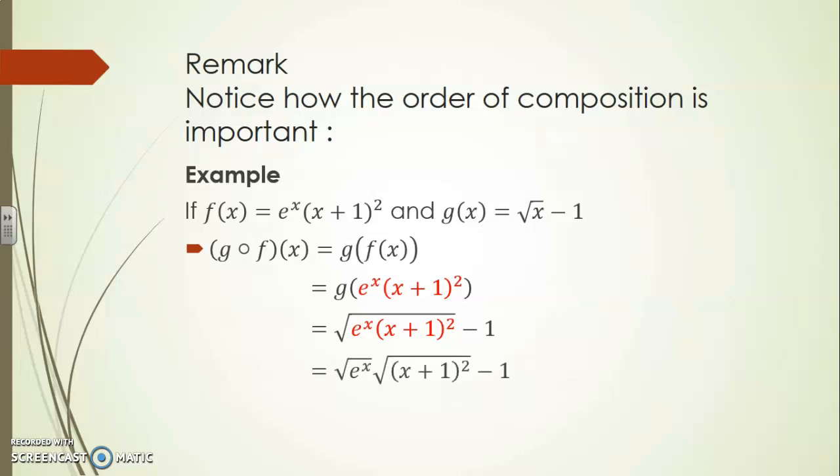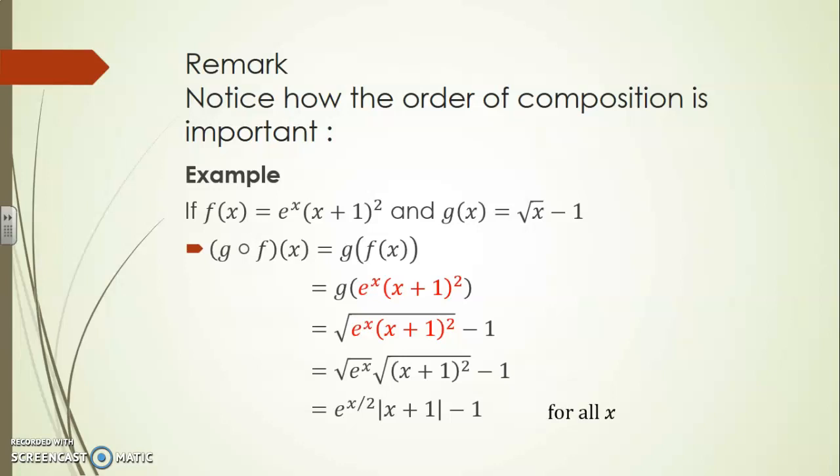Properties we've seen for roots allow us to root e to the x and x plus 1 squared individually as they're both positive. And if you want to simplify some more, remember that doing the square root of a squared expression requires that we maintain absolute values to guarantee a positive outcome is obtained.